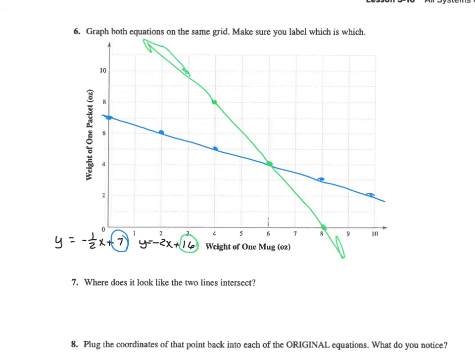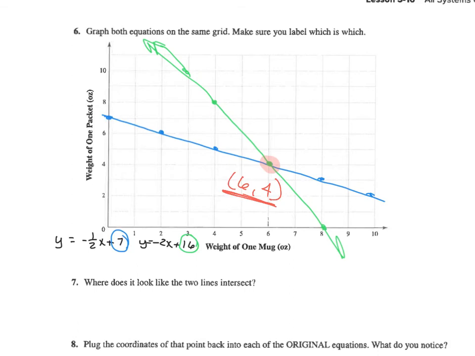Oops, I missed. Sorry about that. Pretend that that was a beautiful line. Okay, so hopefully you are seeing that these lines intersect at the point (6, 4). That makes that a solution to this particular system of equations.